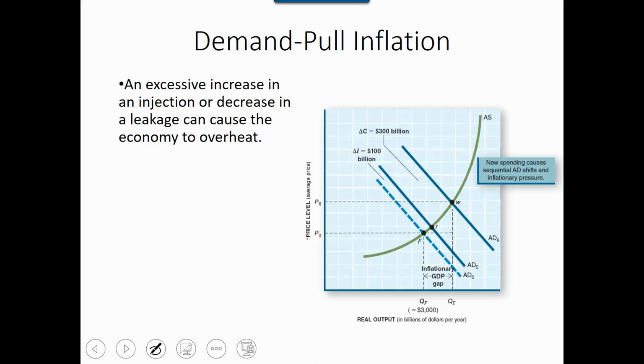An excessive increase in the injection or decrease in the leakage can cause the economy to overheat. Which means an increase in the injection or decrease in the leakage will cause a shortage on the market, and if we have a shortage, the price will be pulled up. That causes the economy to overheat.